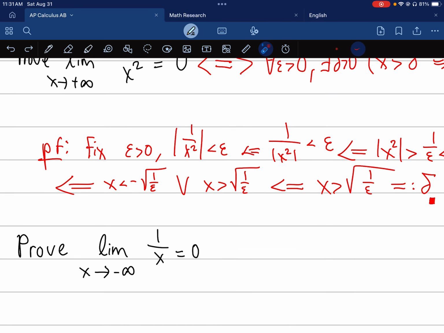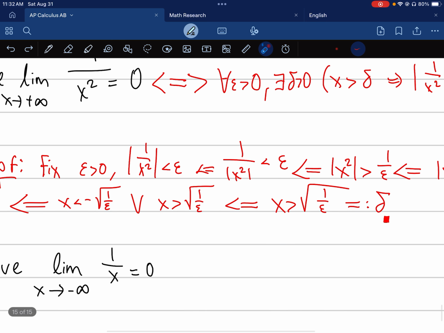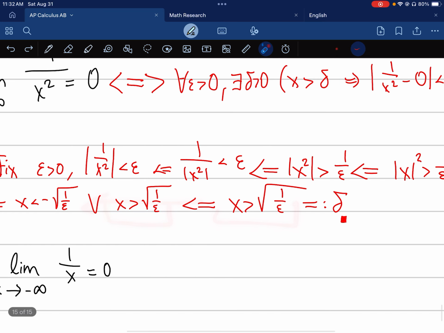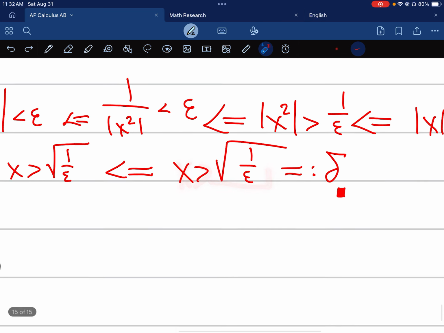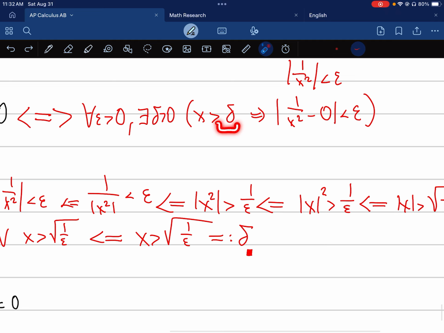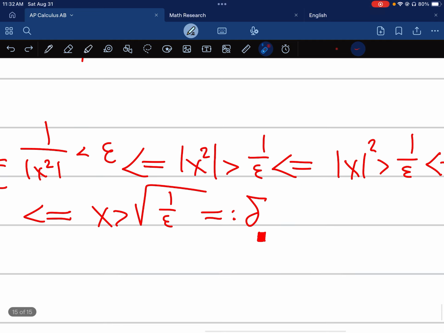But since it's greater than, we have the disjunctive inequality. And since we have this disjunct, remember, this can be implied by just any of them being true, so we can just assume this one is true here, since that's going to imply this. And we have x is greater than something. And remember, that's where we want to finish, delta, so we can just define this to be our delta, and we're done.